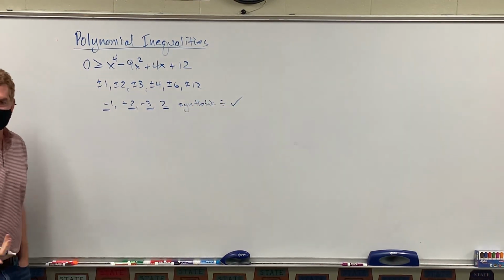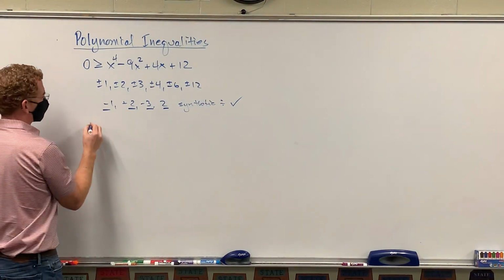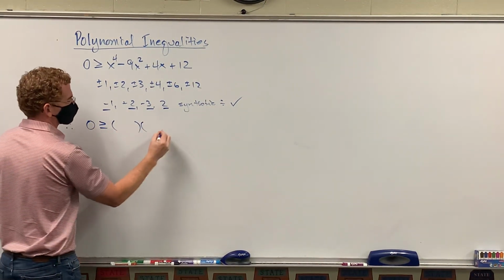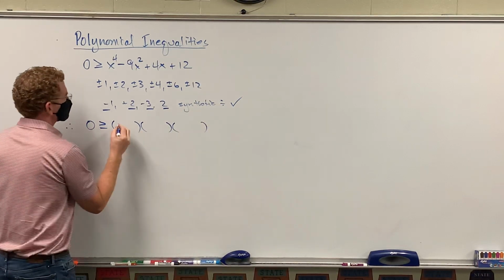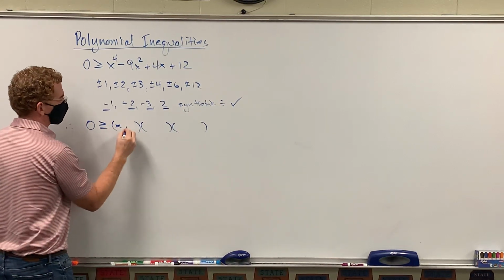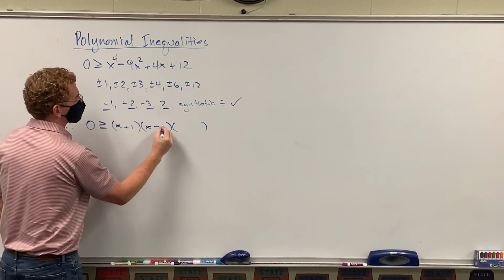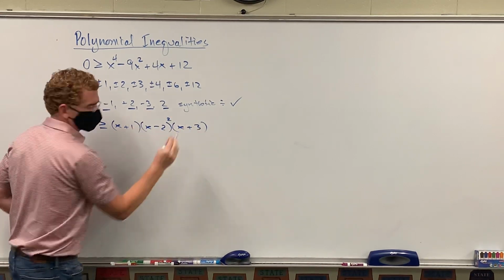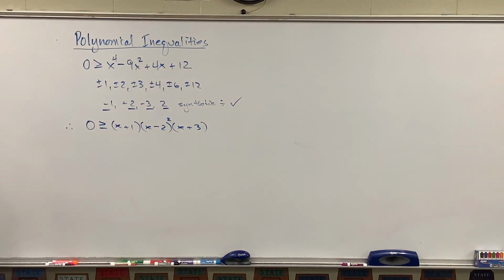Okay, I'm not going to waste your time with it. So once you get it all factored, now you would do this. So again, I'm trying to save us a little bit of time. So you ended up with an x plus 1, an x minus 2 happened twice, so that was squared, and an x plus 3. I'm hoping this rings a bell, but if it doesn't, it has been a while.